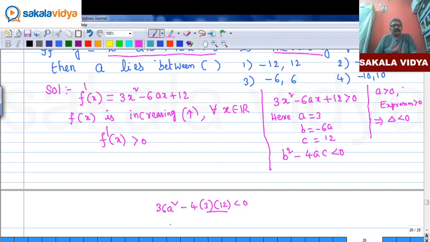You can take 36 common: a square minus 4 less than 0.